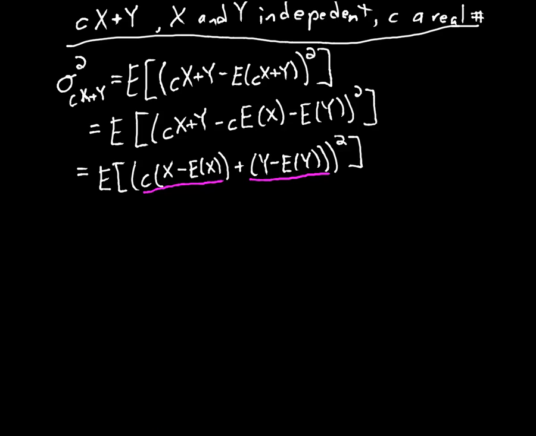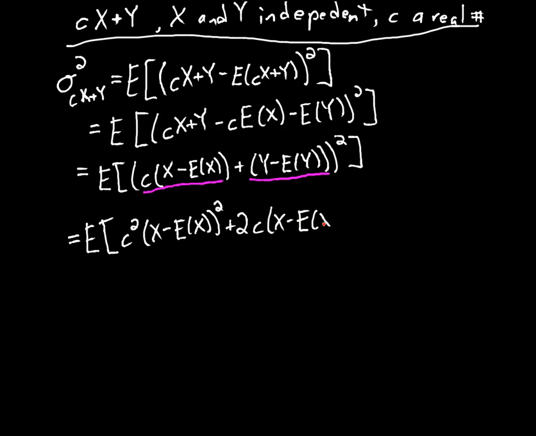So when you square a sum like this, let's go back to a white pen, what do we have? We have the first term squared, so that's c times x minus expectation of x squared, plus 2 times the product of the two terms, so that would be plus 2c times x minus expectation of x times the second term, y minus expectation of y, plus y minus expectation of y squared.